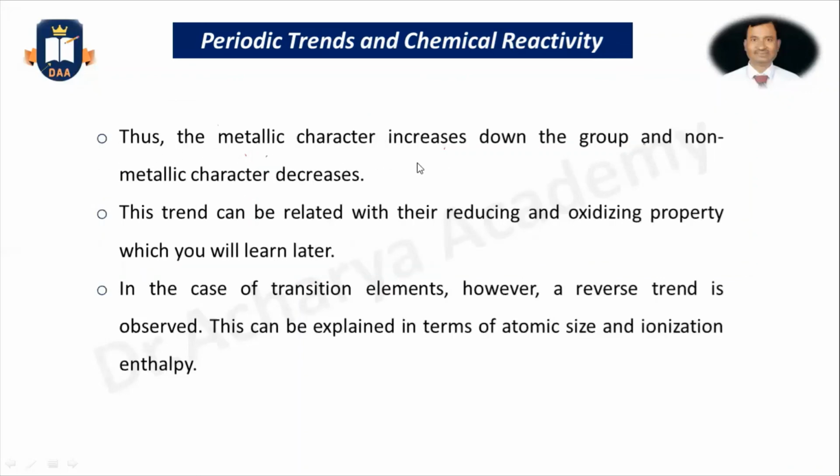Thus, the metallic character increases down the group and non-metallic character decreases. This trend can be related with their reducing and oxidizing property. Reducing and oxidizing property we'll discuss in later chapters.